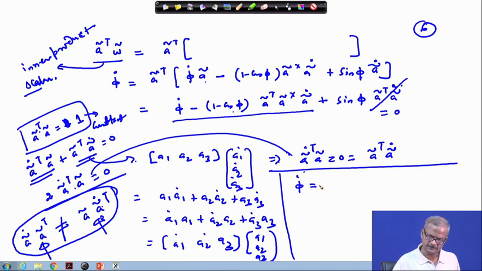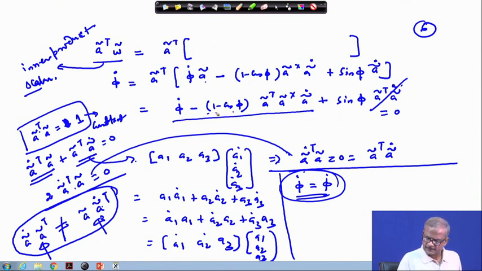Ultimately what should happen is that this quantity should go to 0, because only then do we get phi dot equal to phi dot. Obviously on the right hand side we are getting phi dot because of this.